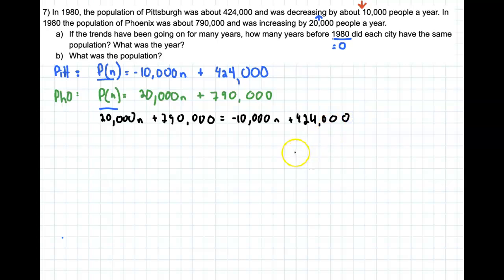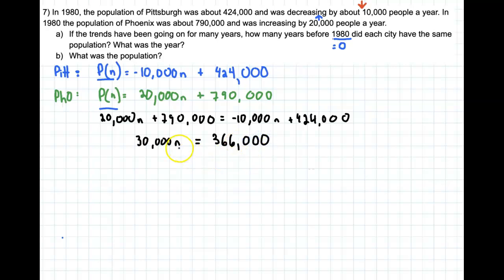I'm going to add 10,000n over here, and so I'll have 30,000n. And I'm going to subtract 790,000 from both sides. When I do that, let's get the calculator out here, that's going to equal 366,000.